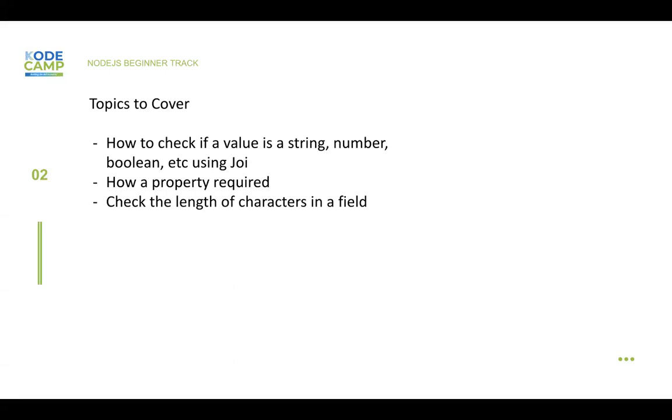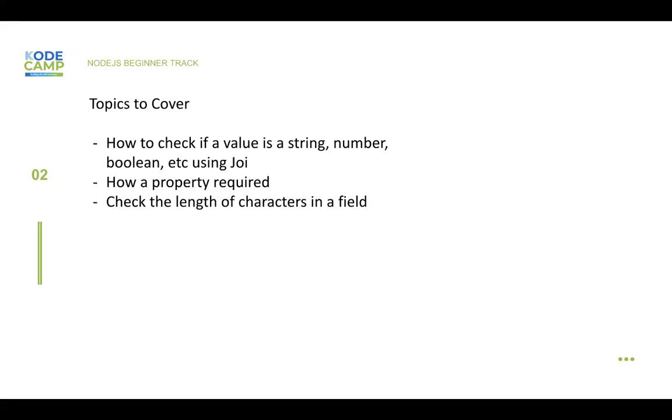You can also make a data type required. So if that data doesn't exist, then you can raise an error that that particular field is required. Then you can set the length of characters for a field, and you can do that for strings. You can do that for integers too, but integers work differently from strings.